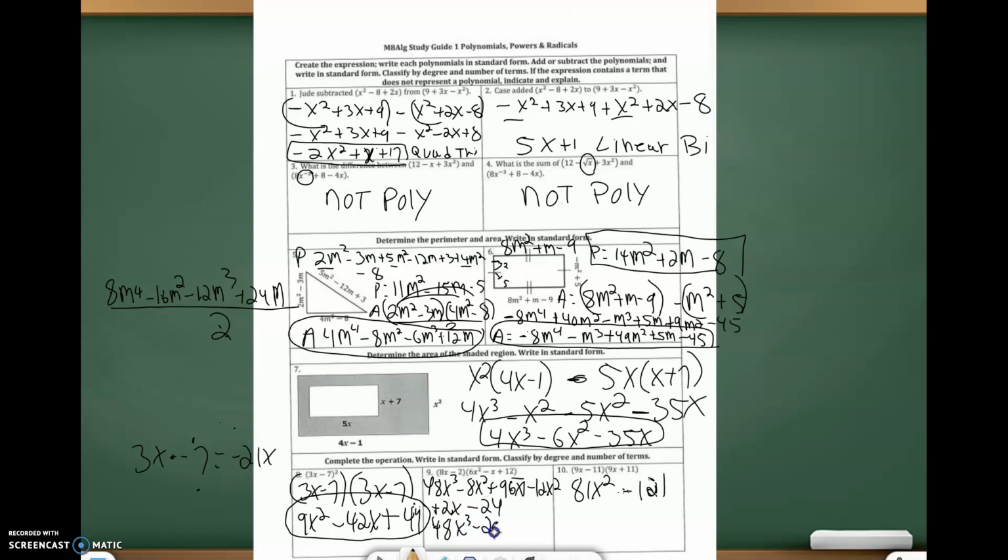Minus 20x squared minus 98x minus 24. Anything over 3 is a polynomial, so that is a cubic polynomial. All right, page 1 is done.